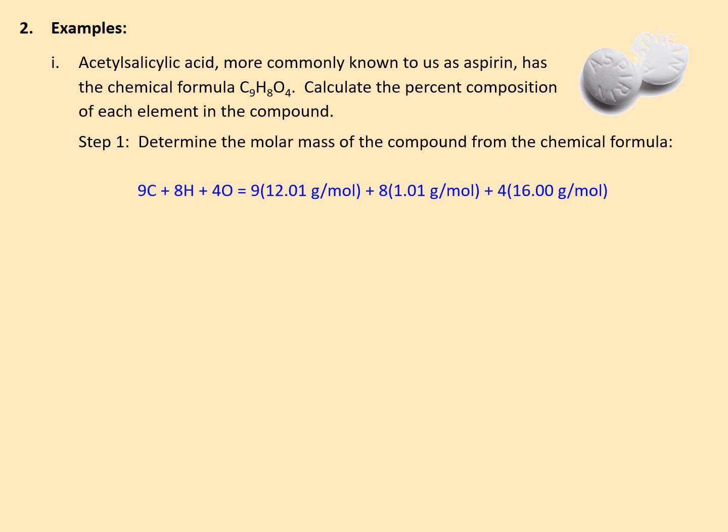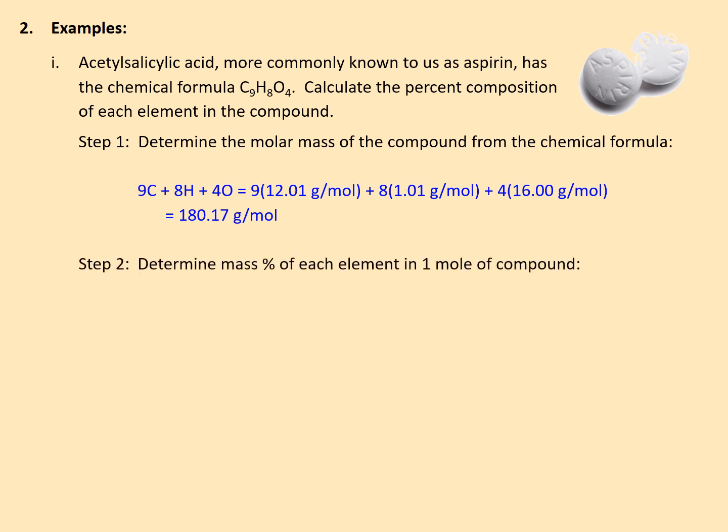So from our periodic table, 9 times the molar mass of carbon, 12.01 grams per mole, plus 8 times the molar mass of hydrogen, which is 1.01 grams per mole, plus 4 times the molar mass of oxygen, about 16 grams per mole. We add that all up, and we get 180.17 grams per mole. That's the molar mass of this compound.